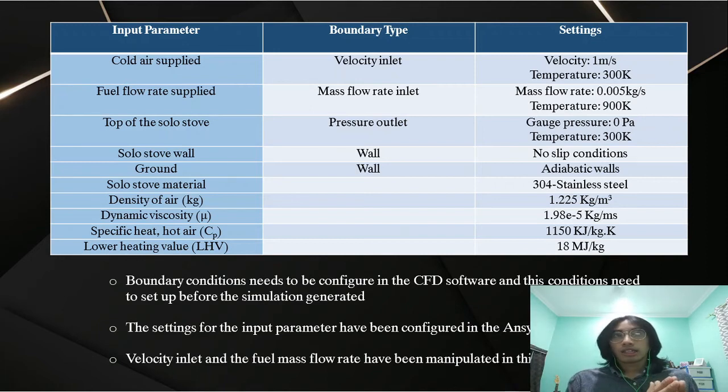To obtain the flame behavior, I have fixed the boundary set, which is fuel mass flow rate at 0.005 kg per second and temperature at 900 Kelvin, while at both air inlets, the secondary air inlet at the side of the stove and the primary air inlet at the bottom, I have set the velocity to 1 meter per second, with room temperature at 300 K.